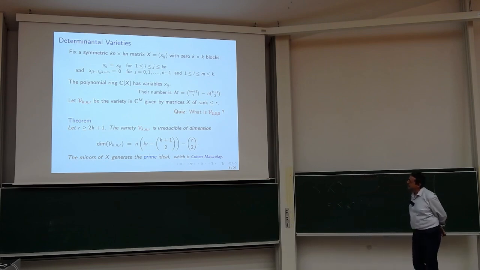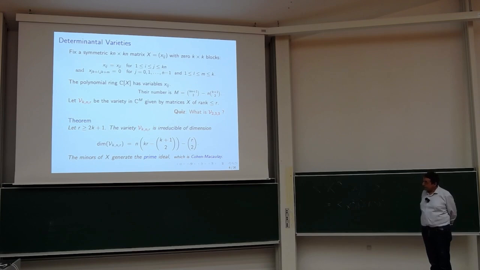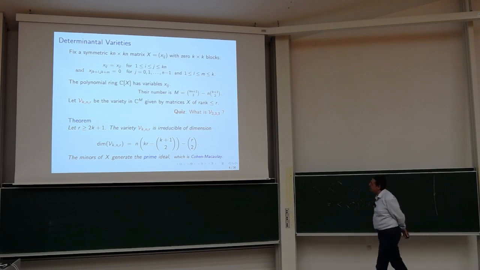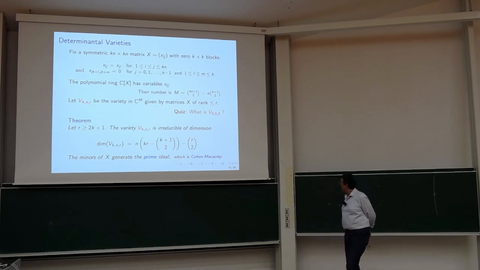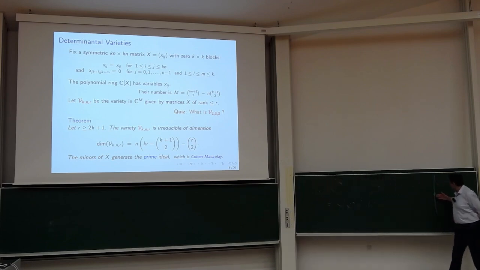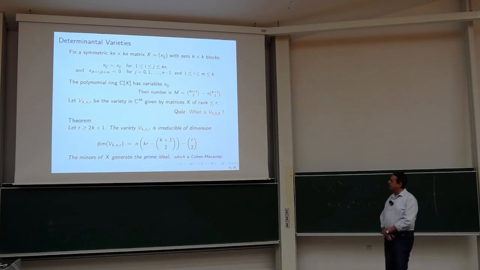So this says the variety is very nice and irreducible. Algebraically speaking, the minors generate the prime ideal. So they are a prime ideal. And there's one more blue adjective: it's Cohen-Macaulay. That means there are no embedded components, and also the dimension is what you would expect from parameter counting. Very good.